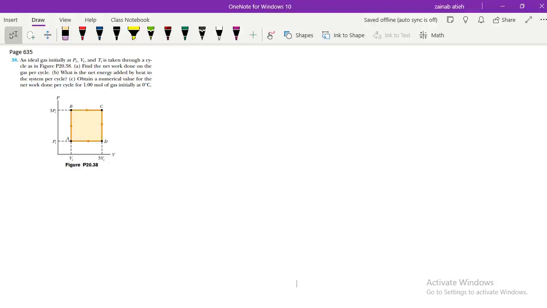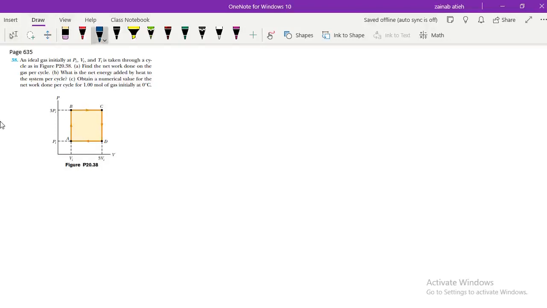The net work done by the gas, I have already explained. If the arrows are circulating clockwise, the work done by a cycle is equal to the area trapped in this cycle. So here it's easy. We have a rectangular shape. All we have to do is find its area.